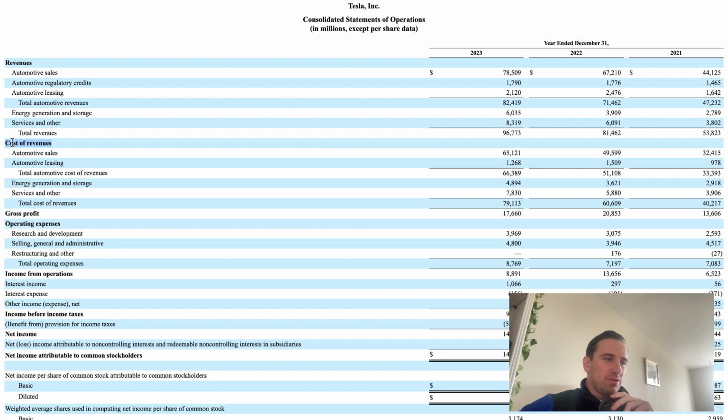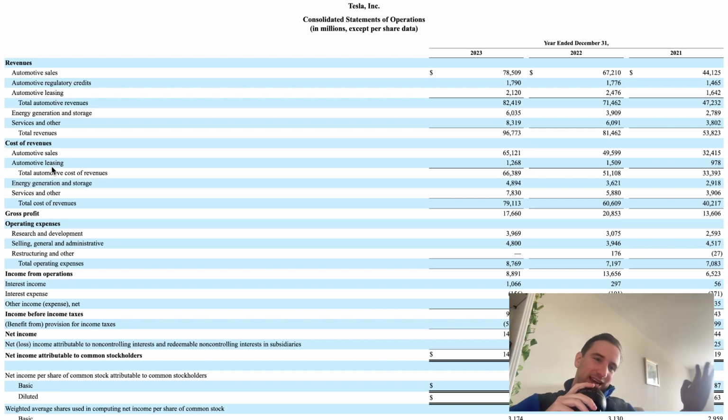Now, cost of revenues is where things get important because this is what I'm talking about. Just picture the lemonade stand again. Everything else now is, well, how much did it cost to sell everything? Because you might have sold a cup of lemonade for $1, but maybe it costs 50 cents to get all the cups, the sugar, the spoons, the table, the stand.